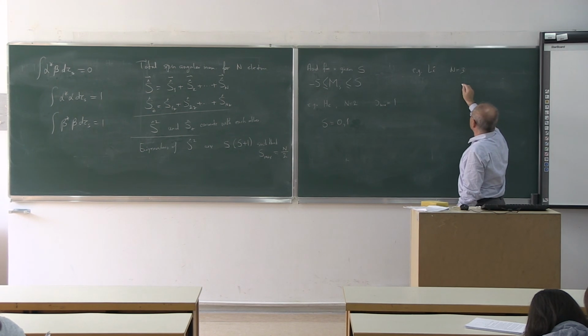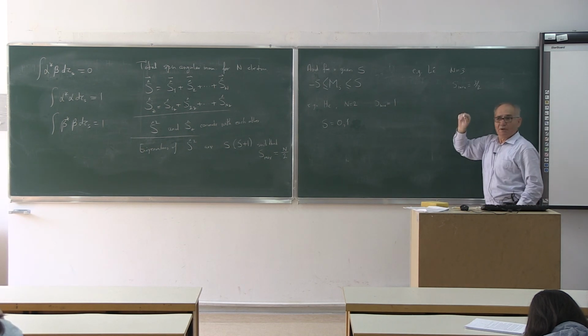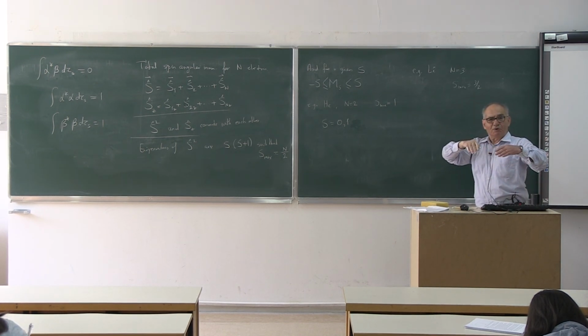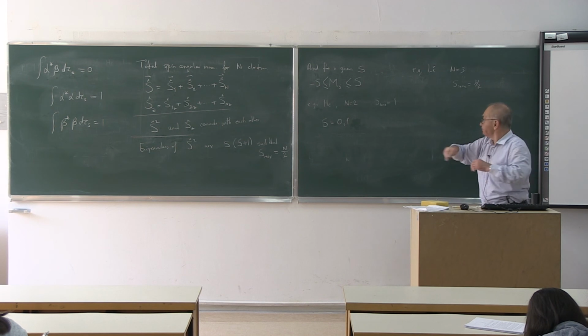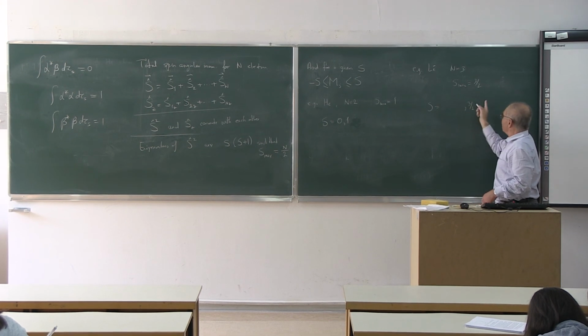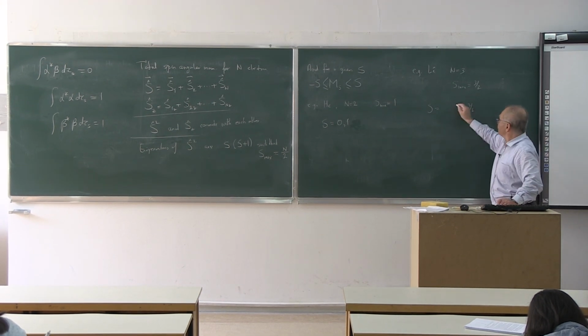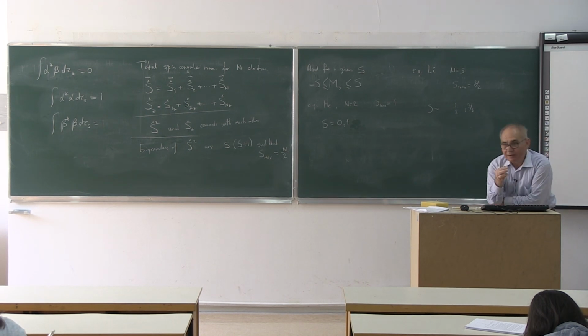In this case, maximum S is 3 over 2. So, what are the possibilities for the total S quantum number in lithium? For 3 electrons, maximum is 3 over 2. Subtract 1 from 3 over 2, what do you get? 1 over 2. If you subtract 1 more, you will go to negative values. So you stop here. So there are 3 electrons in lithium, but again, there are just 2 values for the total spin quantum number. One is 1 over 2, the other is 3 over 2.